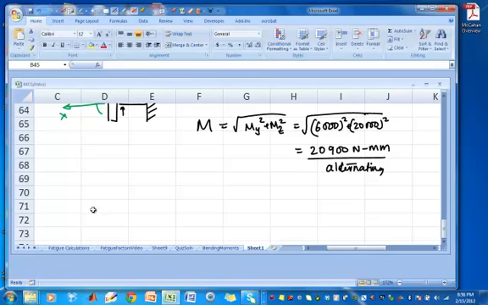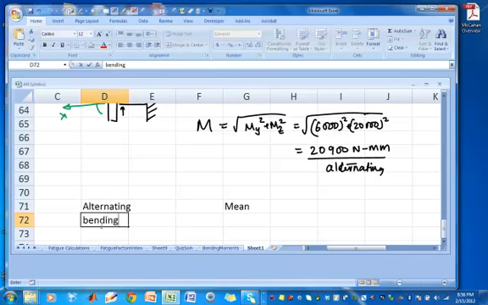So let us write down here. This one is alternating loads, and here is the mean loads. So first one is bending, torsion, and axial. Again bending, torsion, axial.